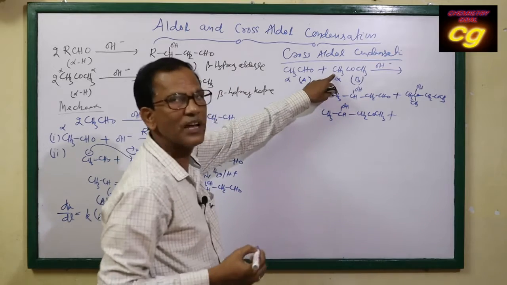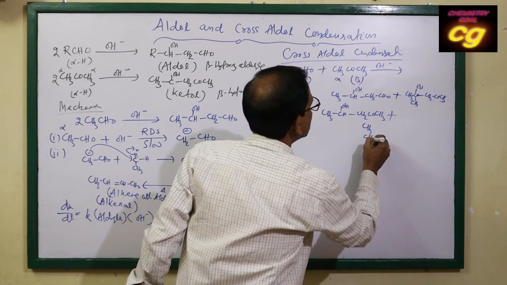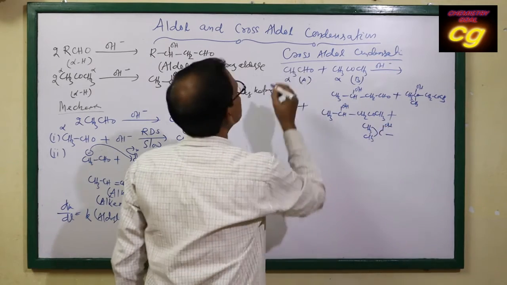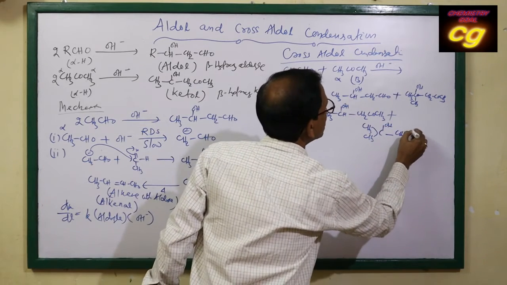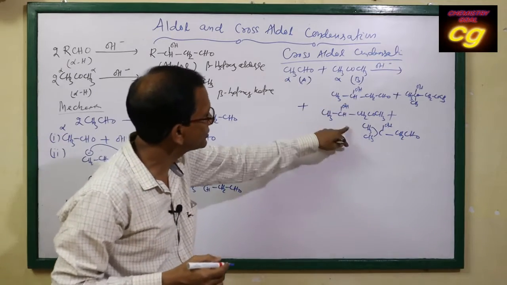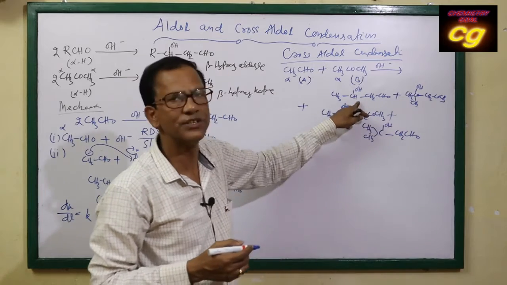If you take the two, what will the product be? CH3CH3, C becoming OH, which will combine with CH2CHO. So this is the cross product, two cross products, and these are two self condensation products.